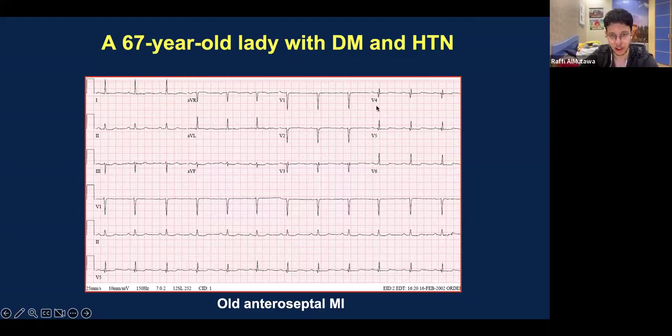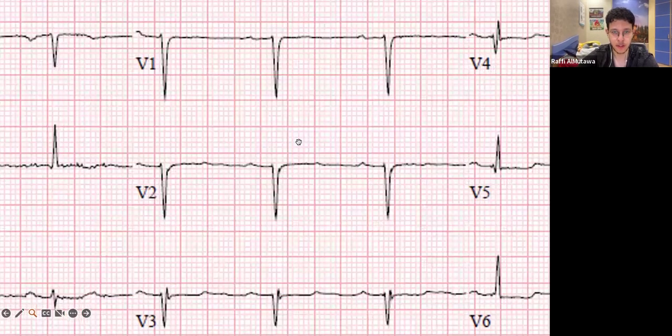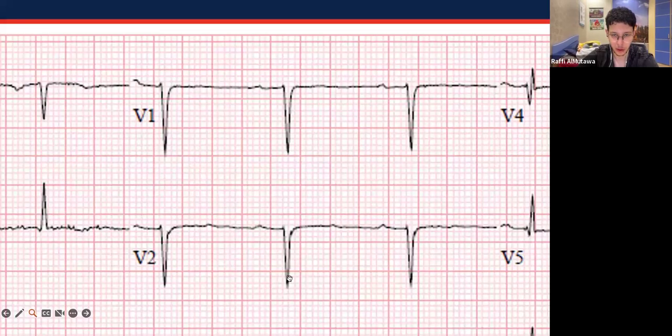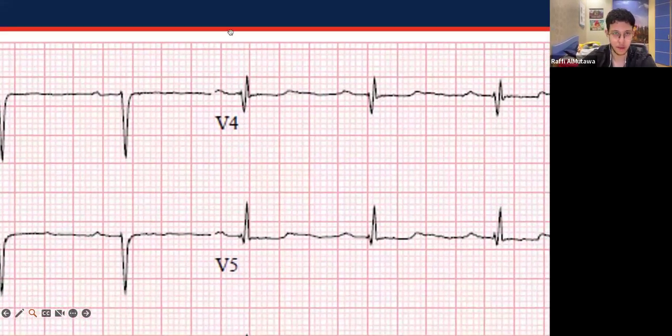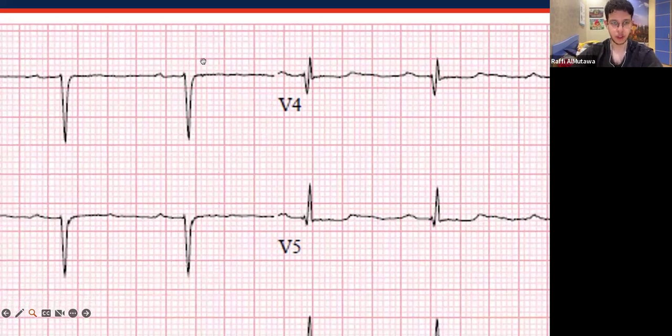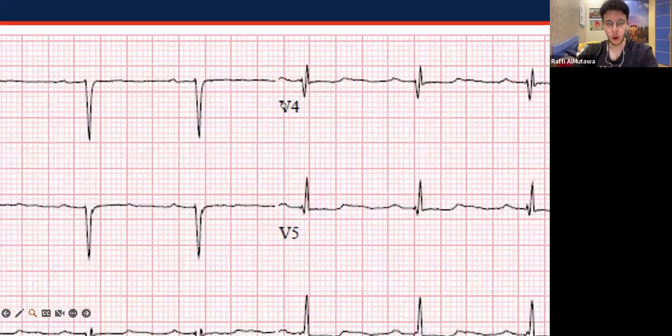So V1, V2, V3, as well as kind of V4, have these deep Q waves. And these deep Q waves are indications that there was an MI, but it's old. So these are the Q waves right here, and they're very deep. So this is an old MI.